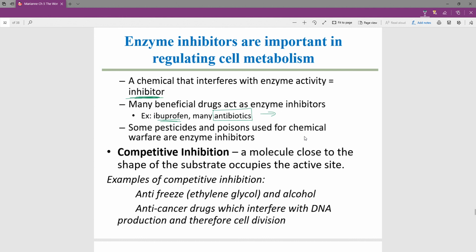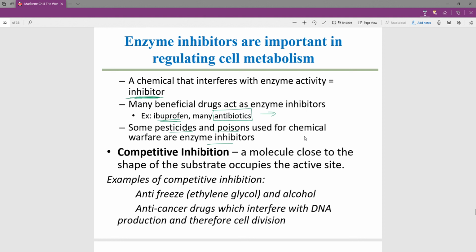And so, you know, we can exploit the weaknesses of enzymes and control them and keep ourselves healthy. So some pesticides and poisons are also used for nasty reasons and are also examples of chemical or enzyme inhibitors.